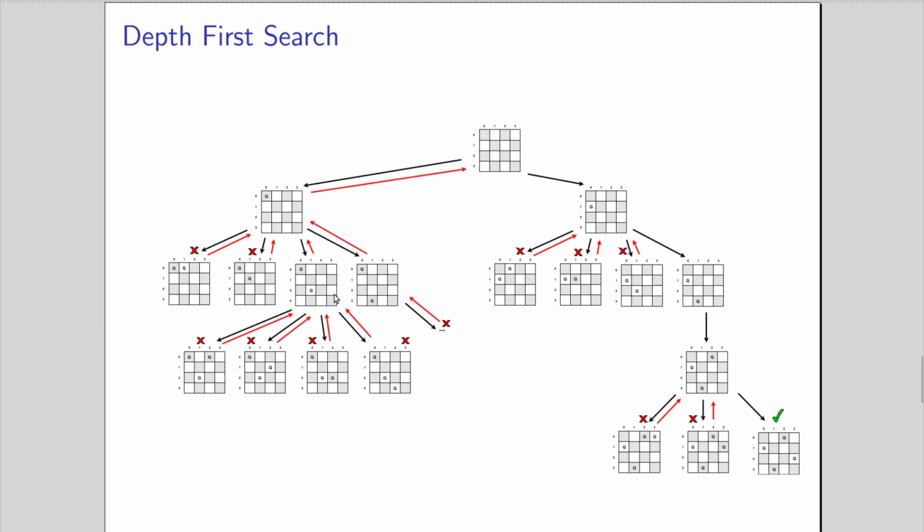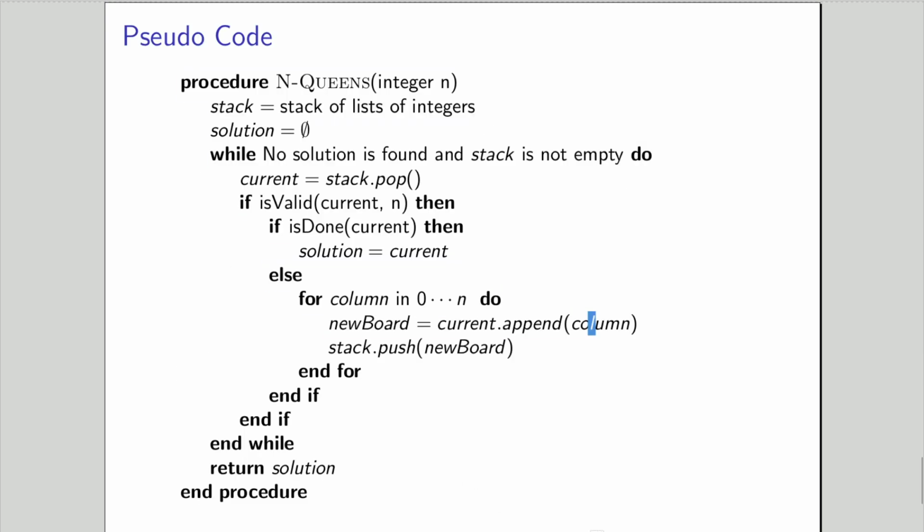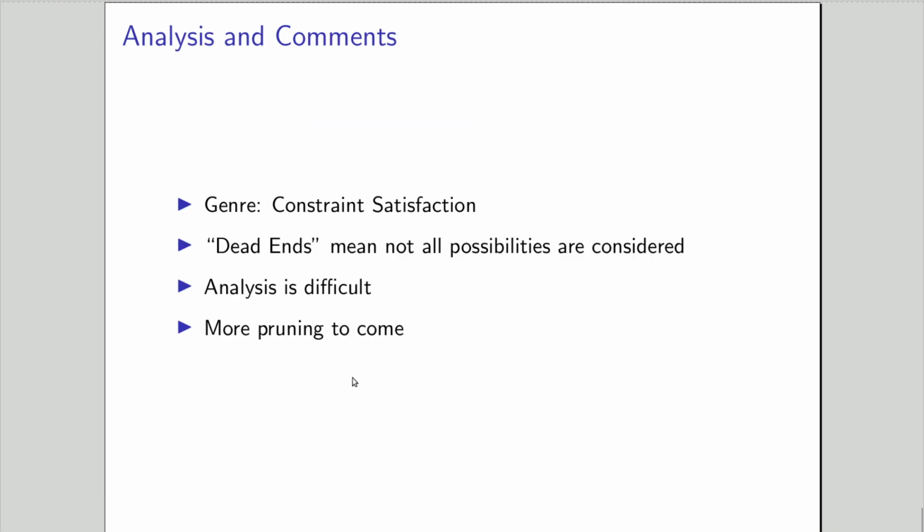Maybe there's a way of judging the state and getting a good sense that this looks viable, but it really isn't, so we can safely prune it. That notion of pruning, we're going to extend much more in the future. Those are typically called branch and bound algorithms. We'll use that for optimization, and I'll give you an example of using that for the traveling salesman. But this is backtracking to solve the n queens problem, a really classic computer science constraint satisfaction problem. Enjoy.